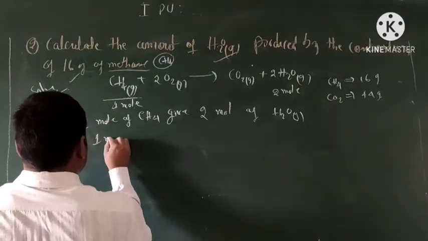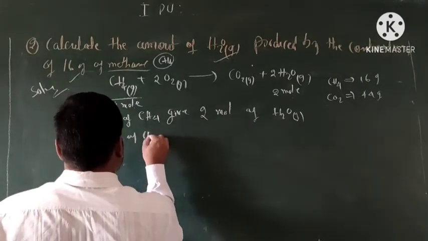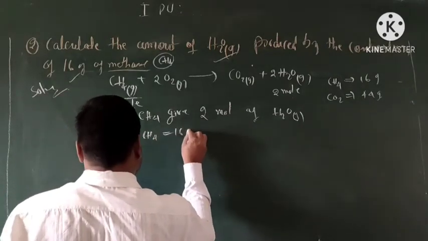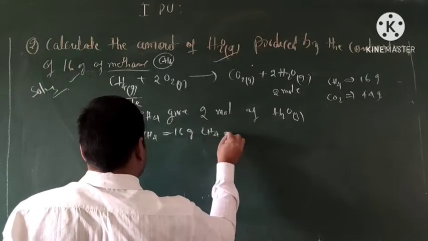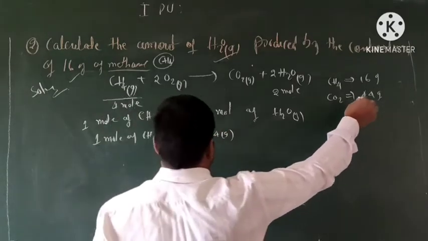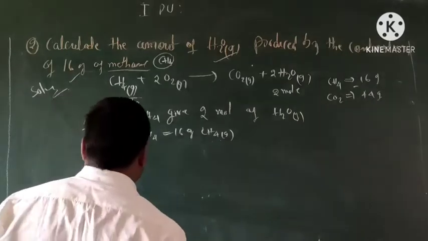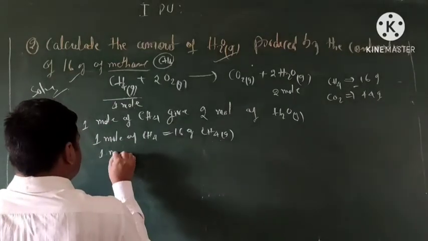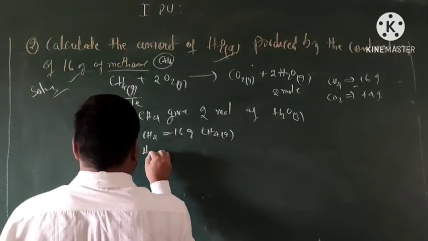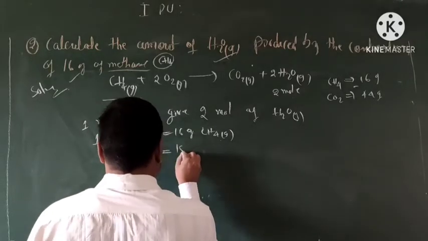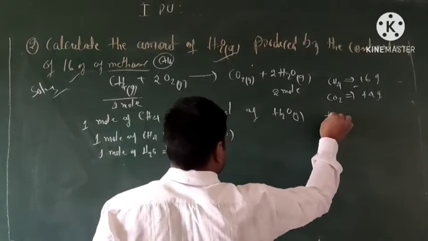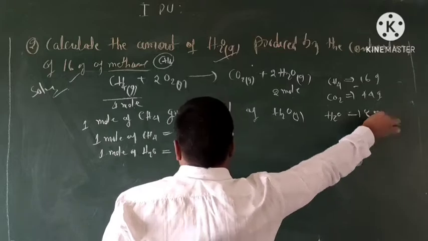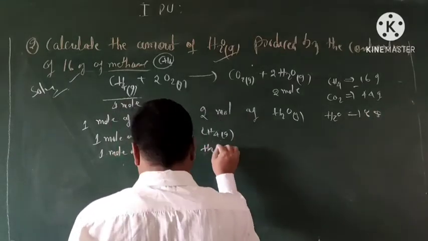1 mole of methane is equal to 16 gram of methane gas. 1 mole of water is 18 gram of water.